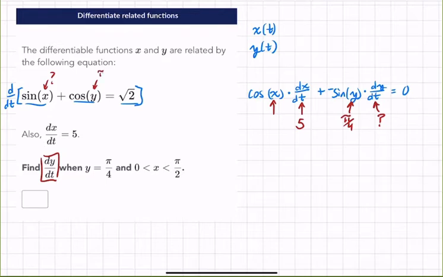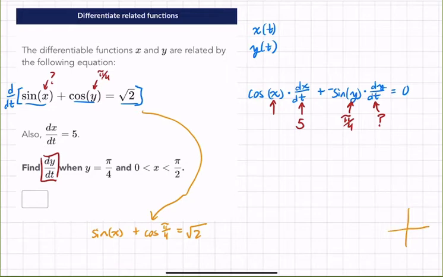So y is pi over 4. So hopefully this works out pretty and neat. I like pretty and neat things. Let's go down here and do it. We have sine of x plus cosine of pi over 4. So we'll go over to the unit circle to refresh our memory. All right, pi over 4 is right here, the middle angle.